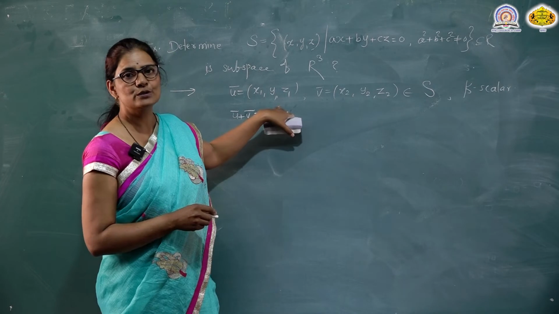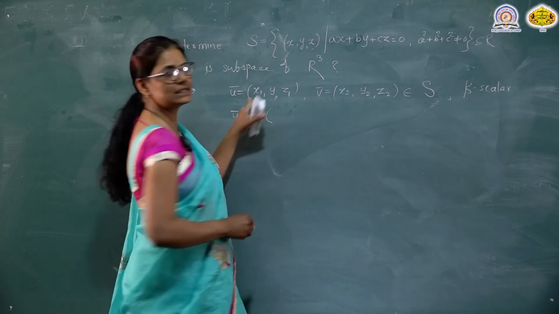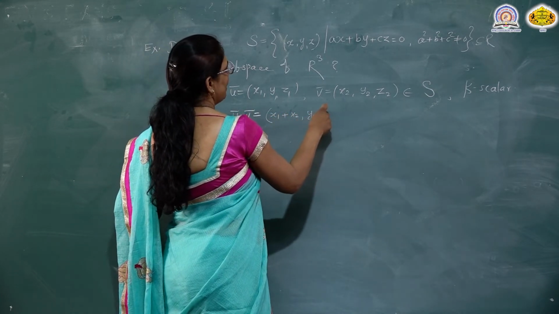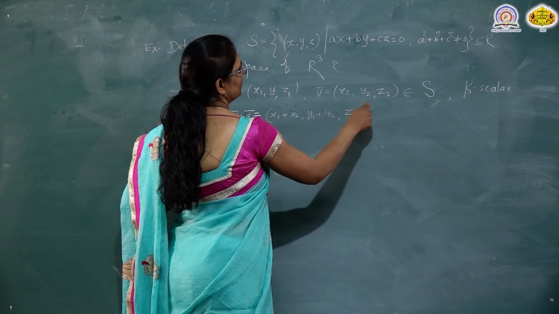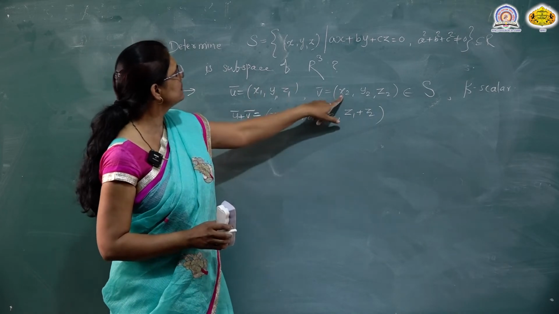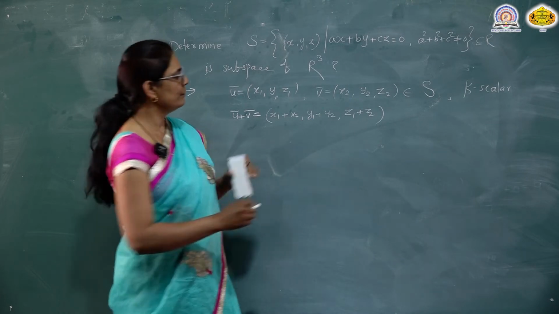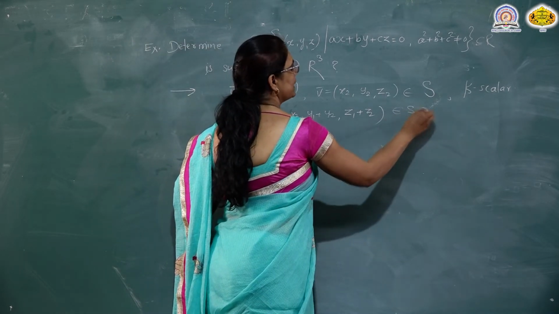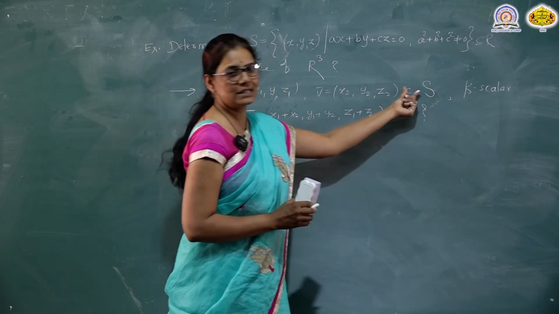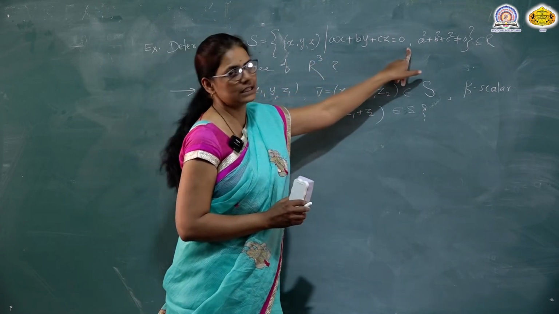Here the operations we use are component wise addition and component wise scalar multiplication. So this is the same as x1 plus x2, y1 plus y2, z1 plus z2. We add these elements component wise. We check whether this is an element of S or not. Since u bar and v bar are elements of S, they satisfy this condition.